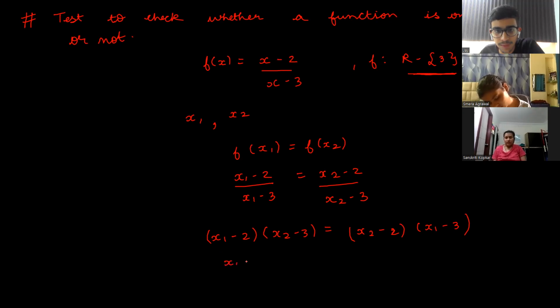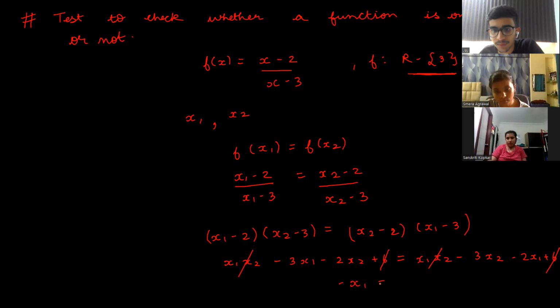So this comes out to be x1 times x2 minus 3 times x1 minus 2 times x2 plus 6 is equal to x1 times x2 minus 3 times x2 minus 2 times x1 plus 6. 6 and 6 cancel out, x1 times x2 cancels out. Then I have this minus 3 and plus 2. So minus x1 is equal to minus x2. So that means x1 is equal to x2.